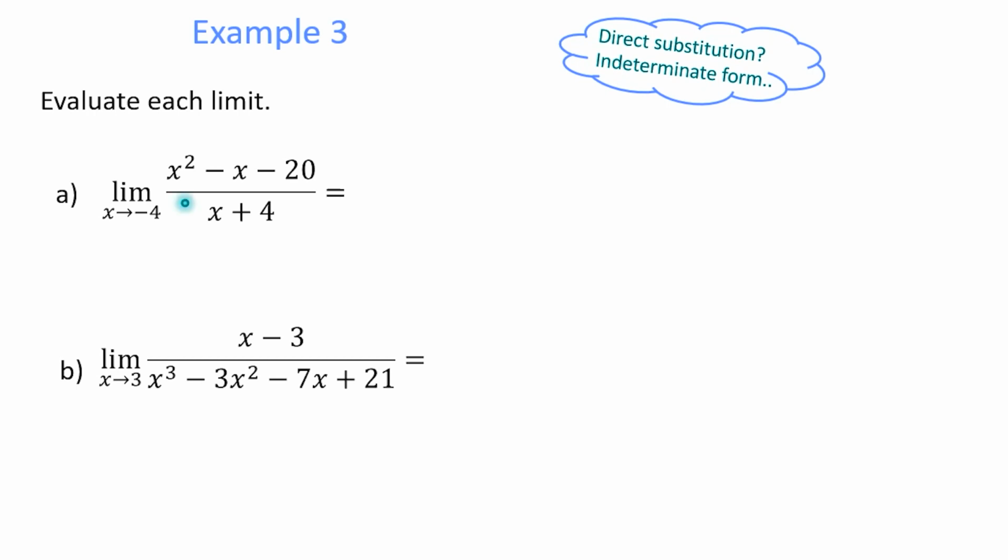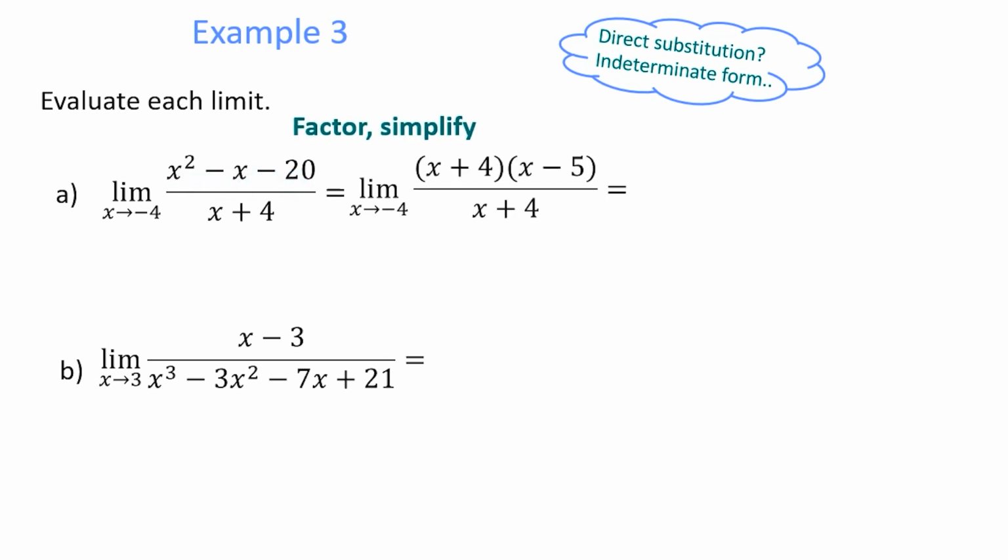Well, we can try to simplify this fraction. If we factor the numerator, we will see that we can simplify this fraction, which will give us a much easier limit to find. Here, in this limit, we can easily use direct substitution, which will give us -4 minus 5 equals -9.